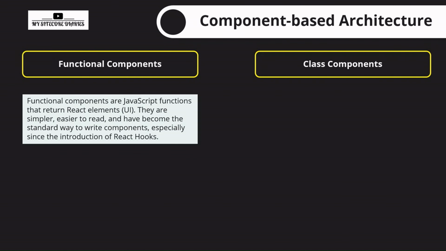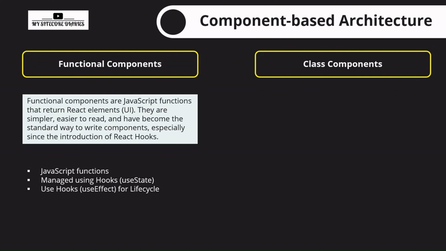So functional components are JavaScript functions that return React elements. They are simpler, easier to read, and have become the standard way to write a component, especially since the introduction of React hooks. Here are some key points about functional components. First, they are JavaScript functions. Second, state management is handled using hooks such as useState.